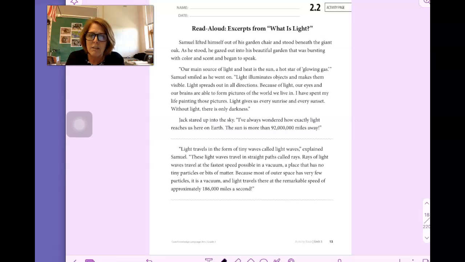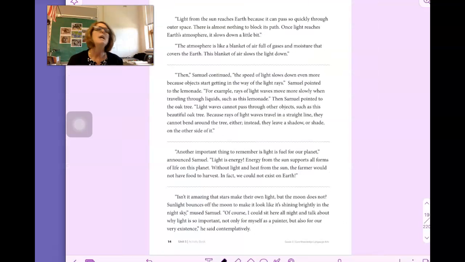Rays of light waves travel at the fastest speed possible in a vacuum, a place that has no tiny particles or bits of matter. Because most of outer space has very few particles, it is a vacuum, and light travels there at the remarkable speed of approximately 186,000 miles a second. Light from the sun reaches Earth because it can pass so quickly through outer space.